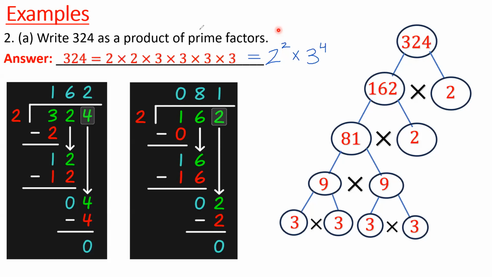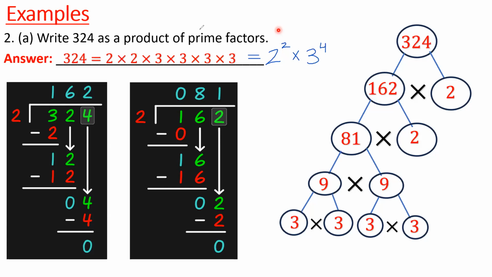And so 324, you multiply 162 by 2, and then 81 times 2, 9 times 9, and then 3 times 3, and you put the same thing for the other 9.